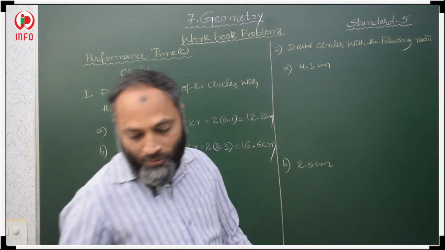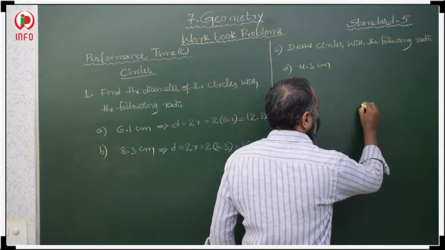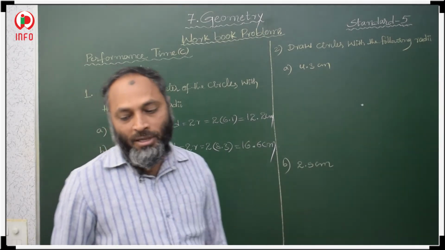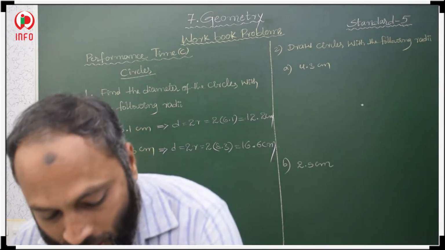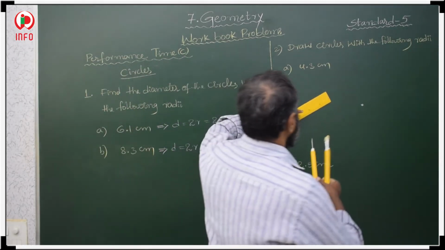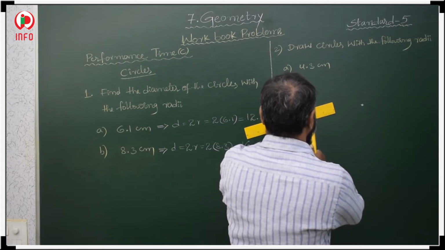See here, first we have to mark a point. Like this we have to mark a point. On a ruler we have to take 4.3 centimeters.